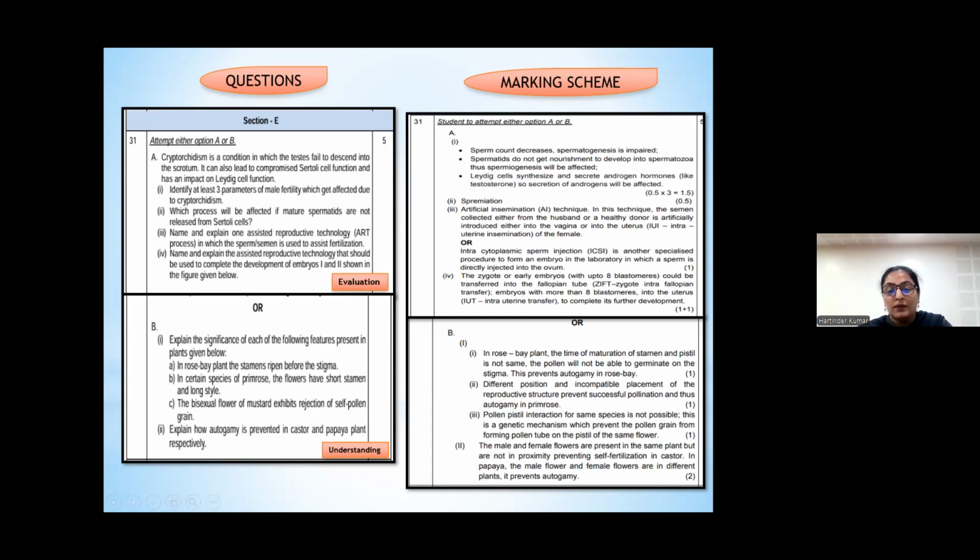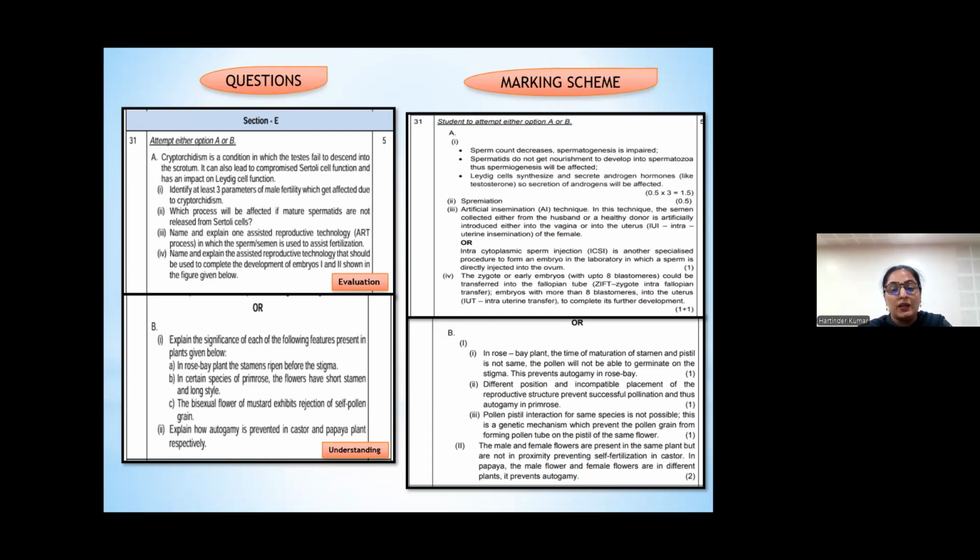That is, they want to say that the child should have a proper understanding that the pollen, the stamens, ripen before the stigma. This means this is a condition in which they are protecting themselves from self-pollination. In certain species of primrose, the flowers have short stamen and long style. Again, we can say that is autogamy.